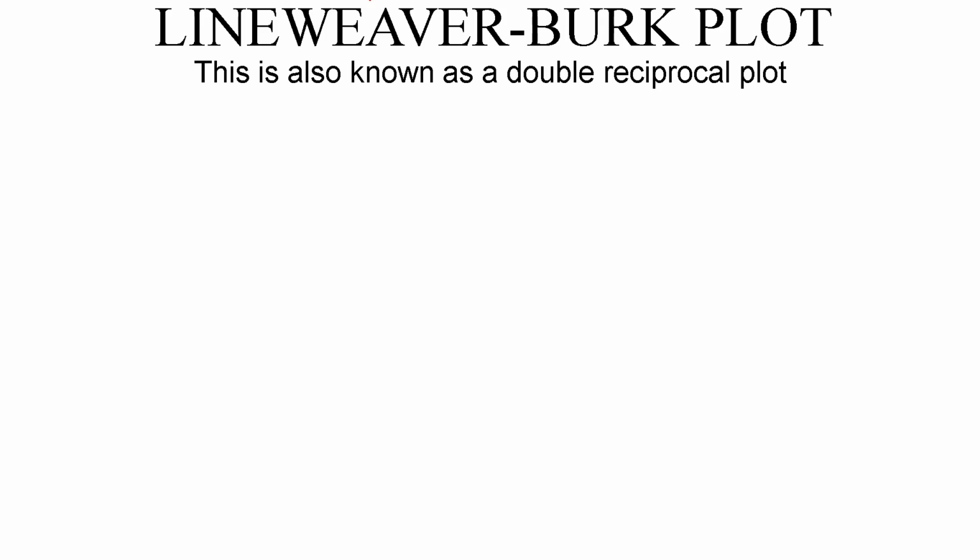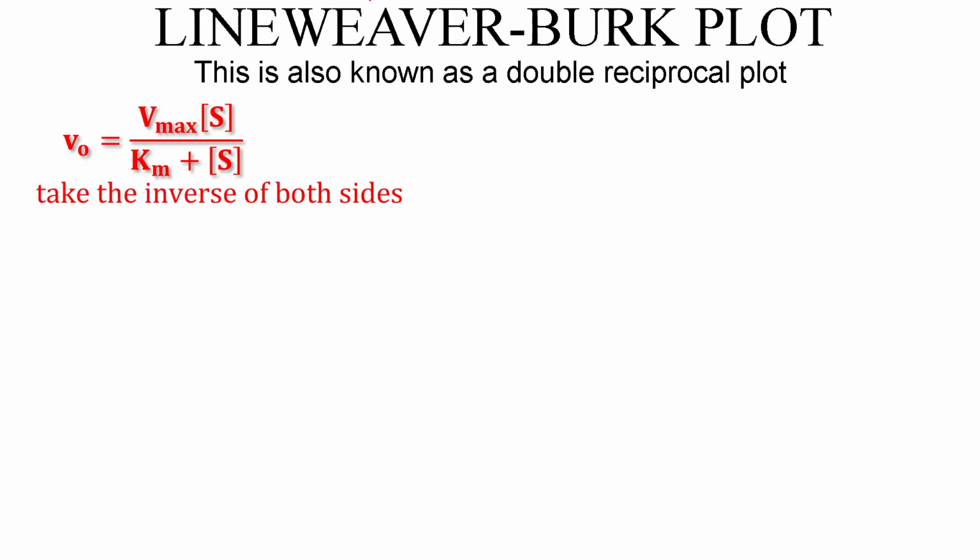Now, what happens is that we'll first of all take the inverse of both sides of this equation. When you take the inverse, you will see that 1 over v, instead of having Vmax multiplied by s over Km plus s, you are having Km plus s all over Vmax multiplied by s.